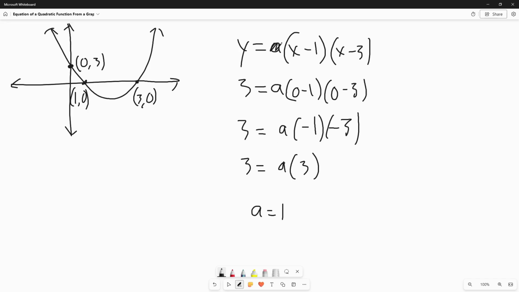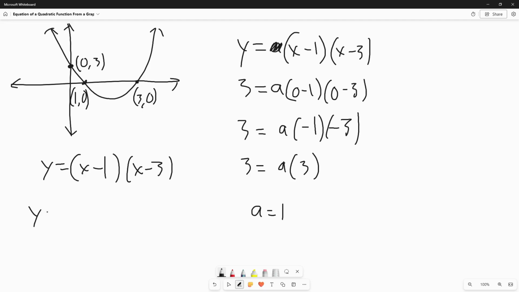So we can just get rid of the a, we can ignore it. So we have y is equal to (x minus 1) times (x minus 3). But we need to expand it to convert it to standard form. So we get y equals (x minus 1) times (x minus 3).